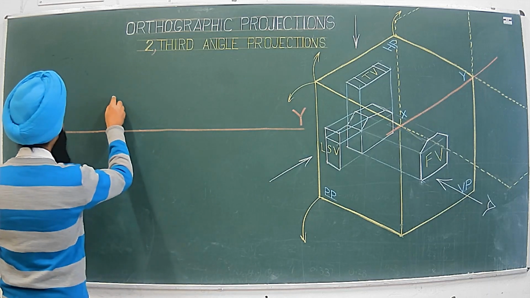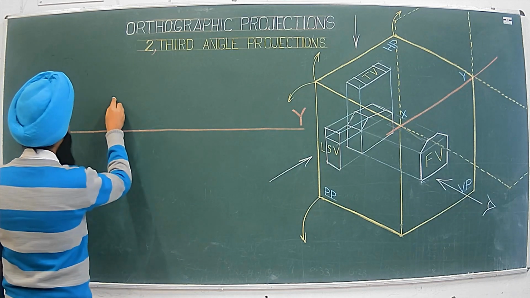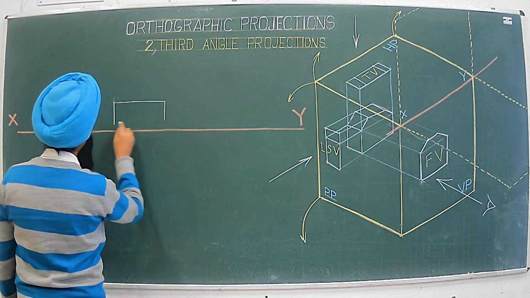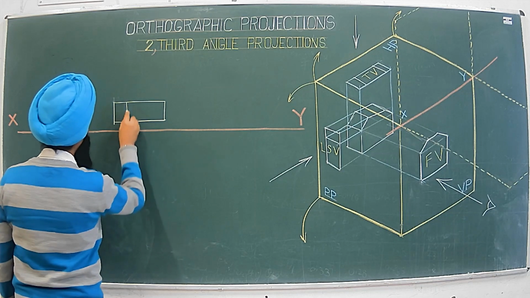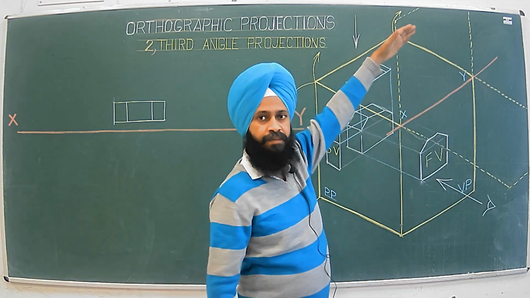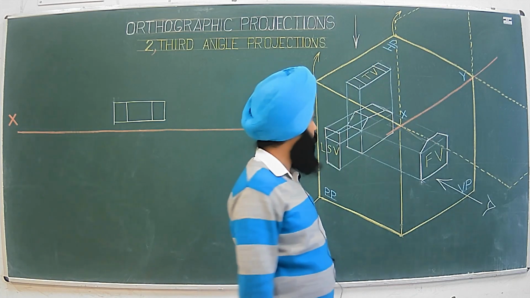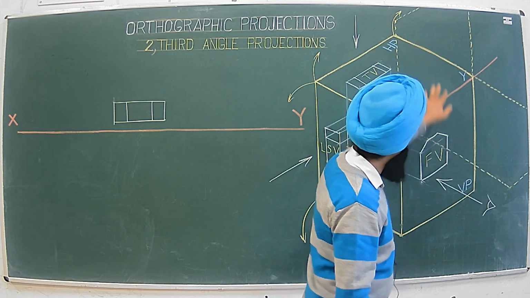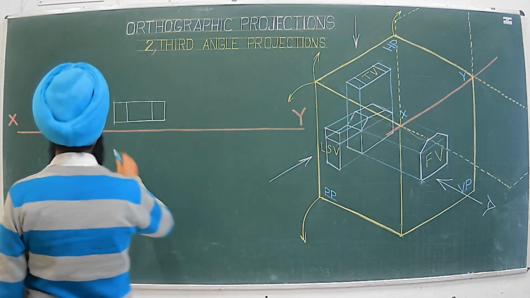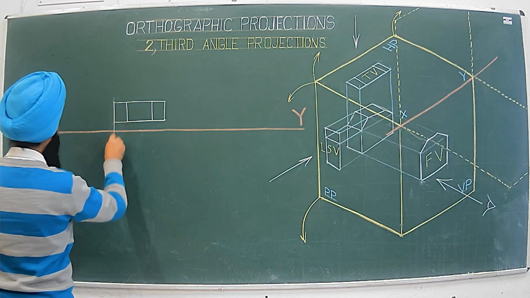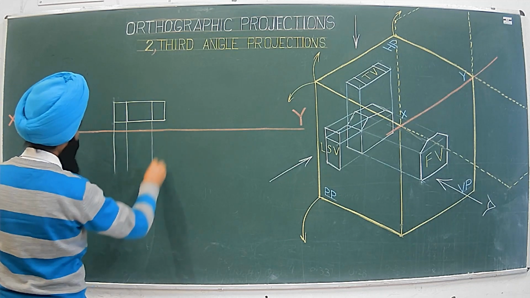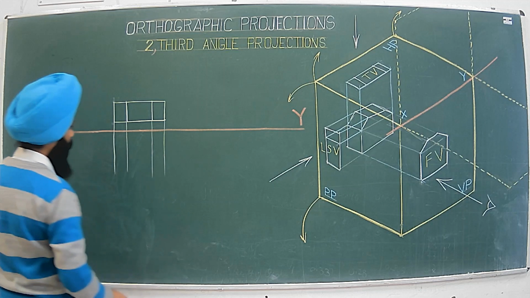So if we say this is the XY line, for the same object, this is the top view of the object lying above the XY line. Below this top view there will be the front view of the object, lying exactly below the top view.